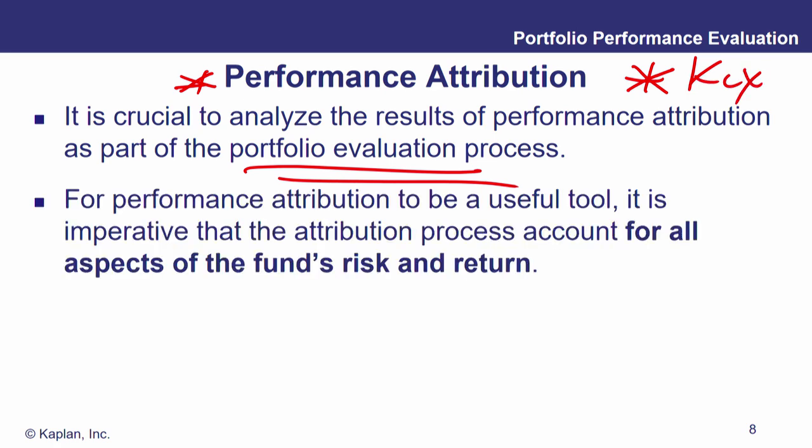Now, this is also extremely important. If performance attribution is going to be useful to you at all, it has to account for all aspects of the fund's risk and return. If it just accounts for part of it, then it's suspect. I cannot decipher or use any of that data to make an informed decision.